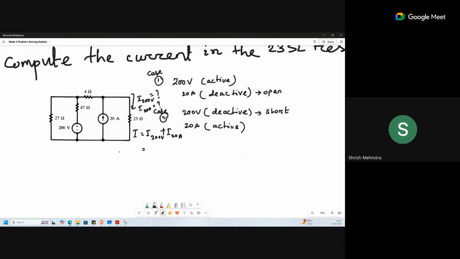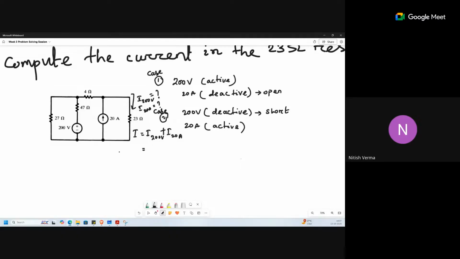Ma'am, I think it should be 12.07 amperes total. Nitish, have you calculated the current through the 23 ohm directly without using the superposition principle? Yes, ma'am, I have done it without it.